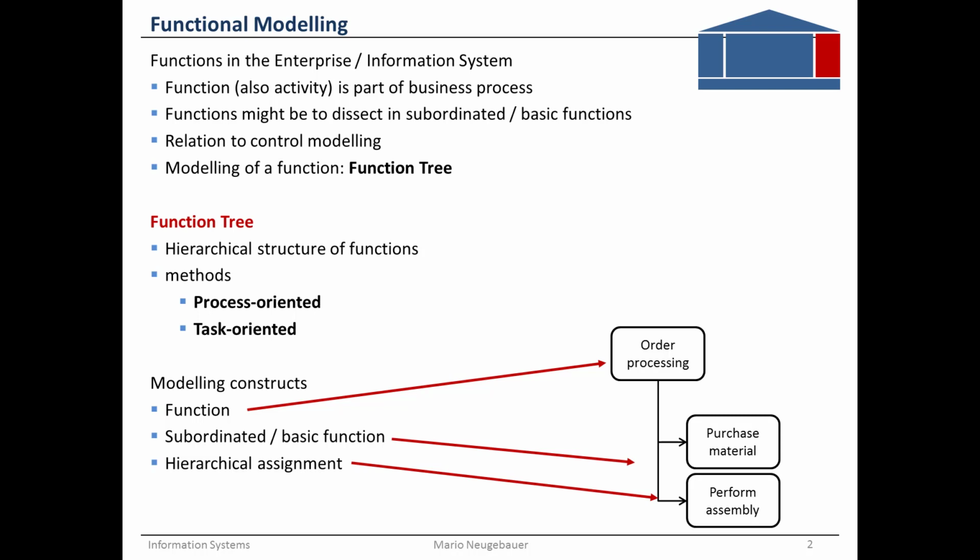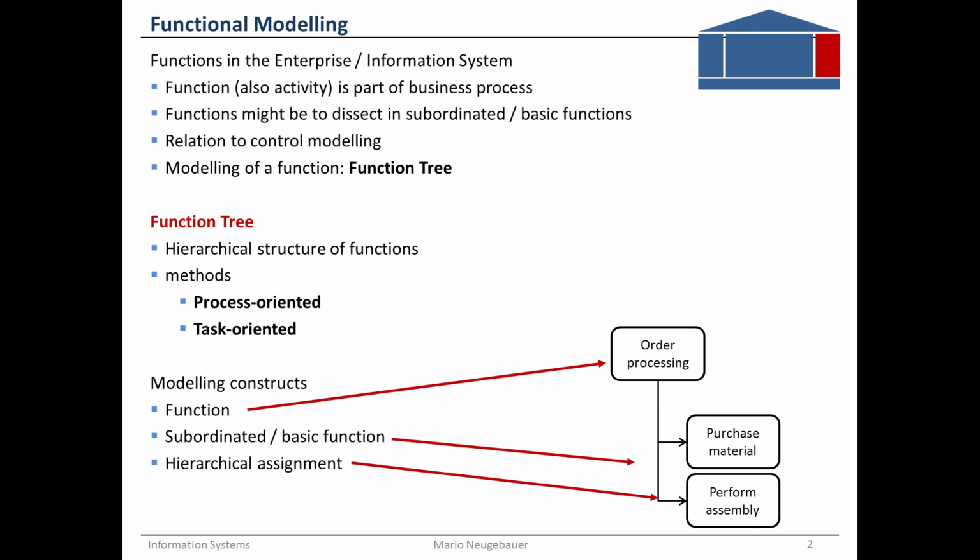overall function, order processing. And if you see these terms here, order processing or purchase material, then it connects to our control modeling, where we had the processing of the order. And as shown in the control view, we took care of the order. We checked the order.